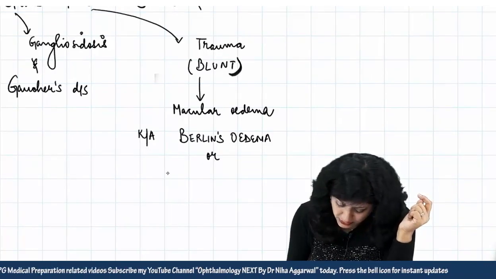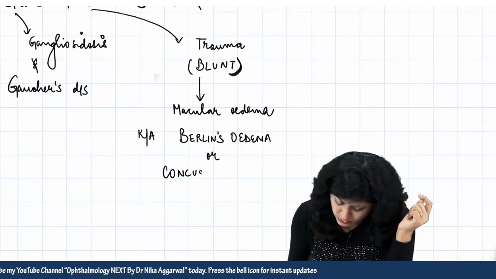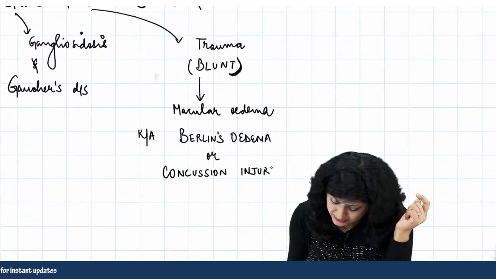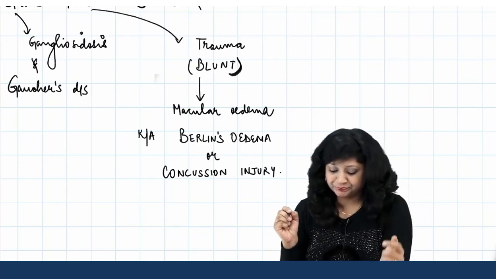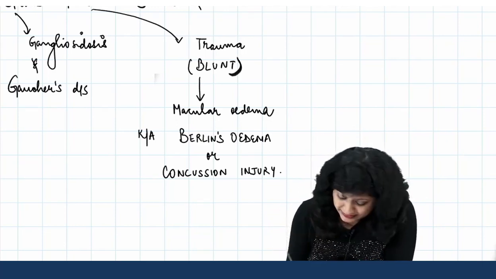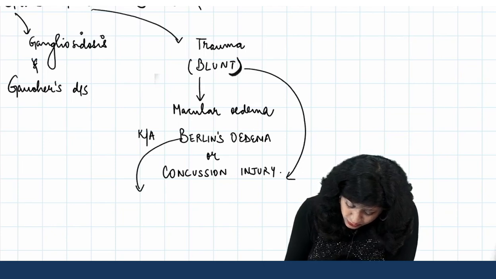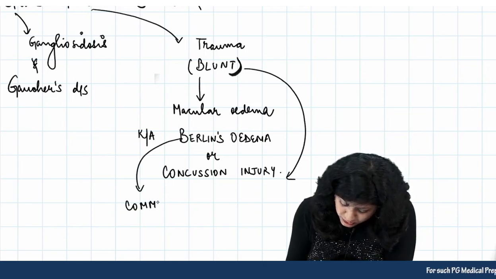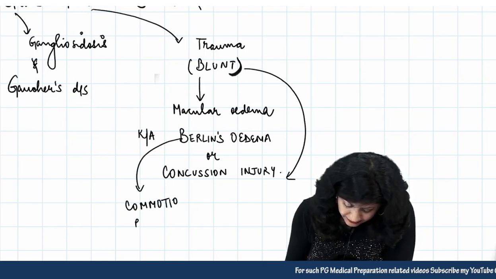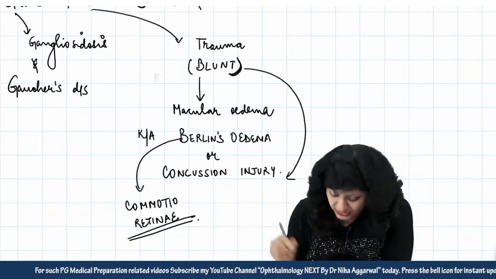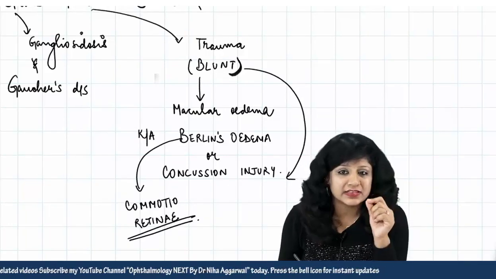Or it is concussion injury. Concussion injury is the name of the blunt trauma, and this edema is also called commotio retinae. Okay, there are so many evidences where the questions have been formed on these names itself.